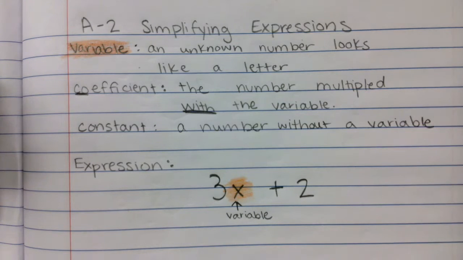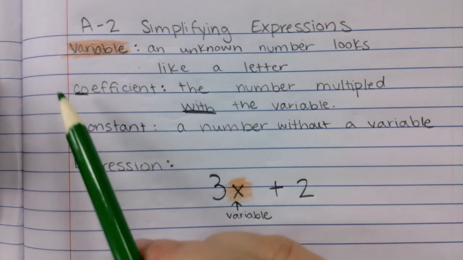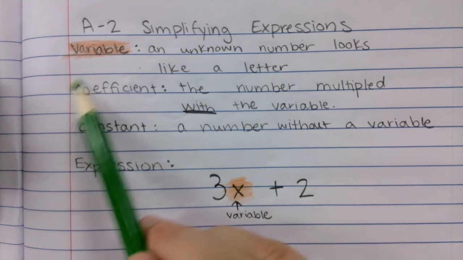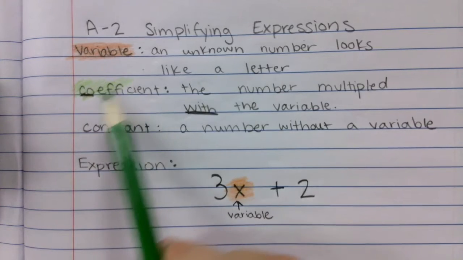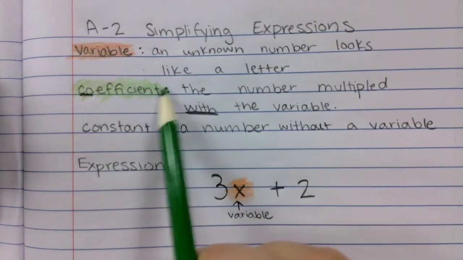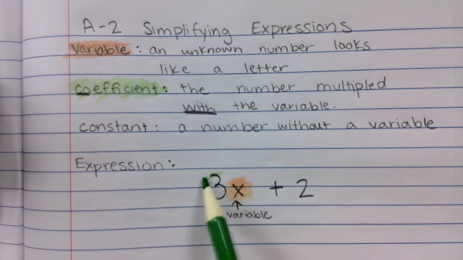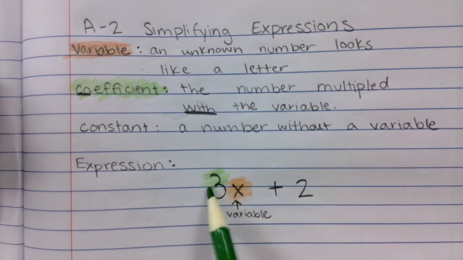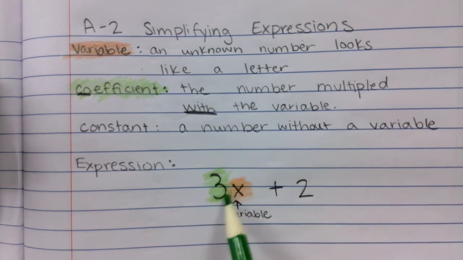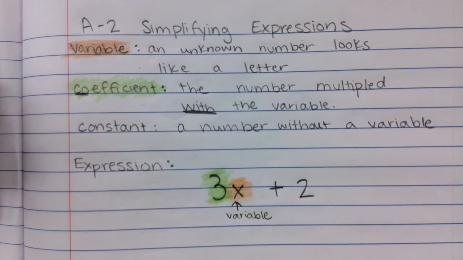Alright, I'm going to use green next for coefficients. So coefficient is that number being multiplied with the variable. Why is it 3? How do we know it's being multiplied? Good. Remember when two things are right next to each other, that usually means to multiply. So this 3 is that coefficient.